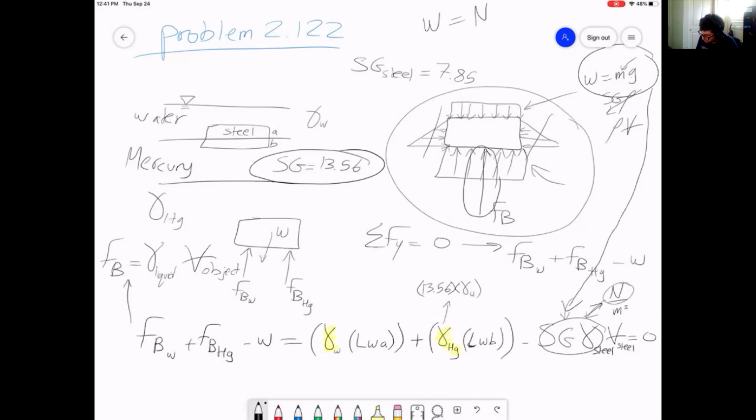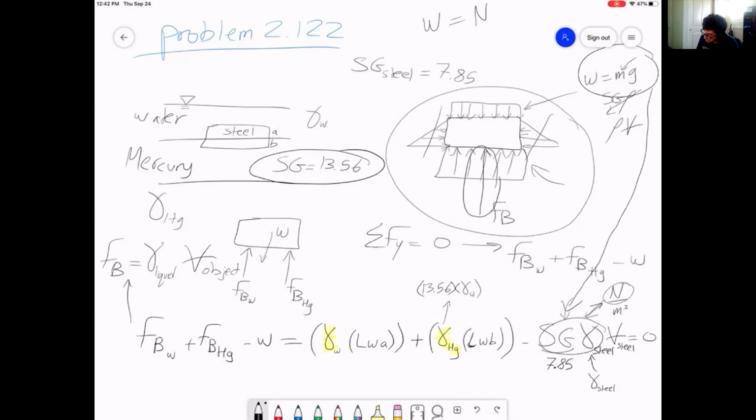How would you find this? What's SG for steel? It's 7.85. What is gamma for steel? It'd just be 7.85 times gamma water.